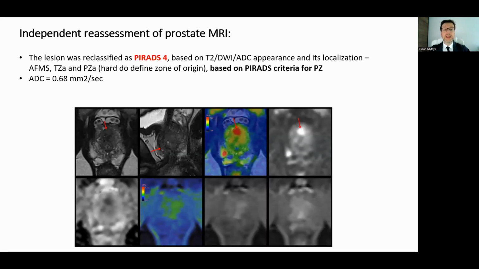The MRI data was reassessed in our academic center, and the lesion was reclassified as PI-RADS 4 based on its features and localization. This lesion, according to our assessment, was localized in the anterior fibromuscular stroma and also in the anterior segments of the transition zone and of the peripheral zone.